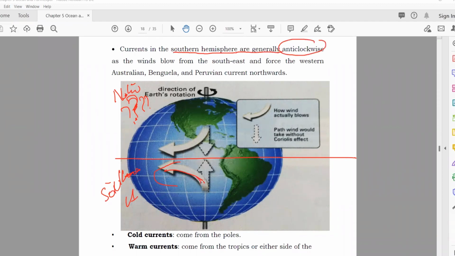Anti-clockwise. If something is moving like this, is it clockwise or anti-clockwise? Anti-clockwise. And in the northern, what is this? Clockwise. Got what they are saying in the above three lines? Got the idea? Yes.